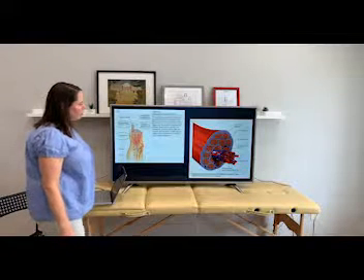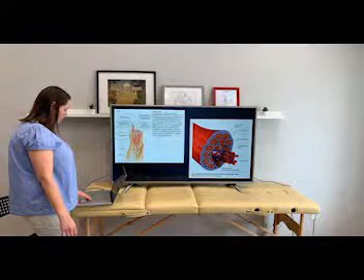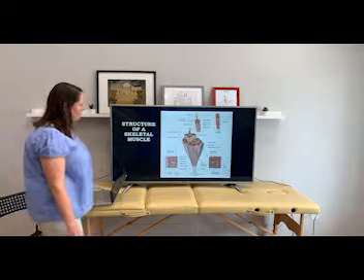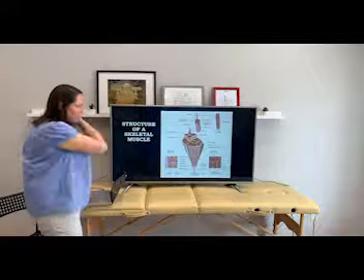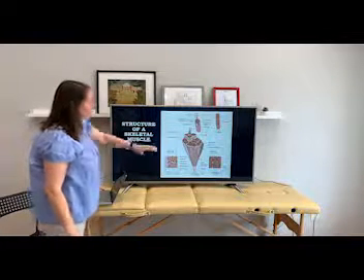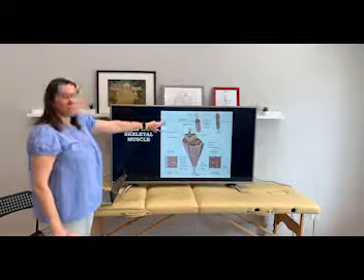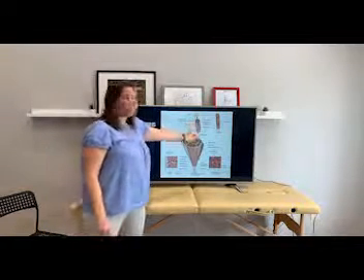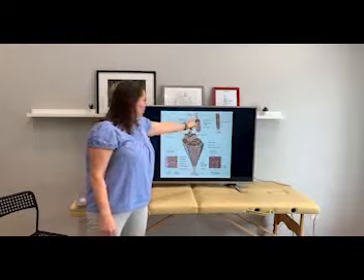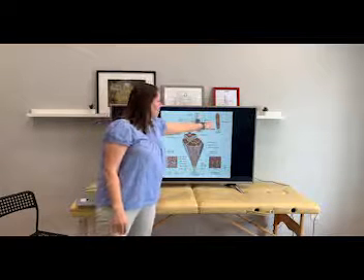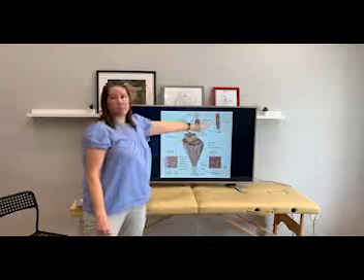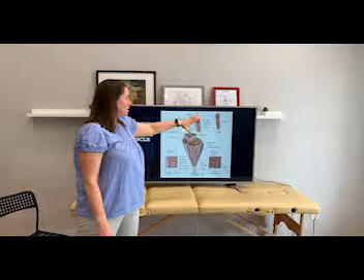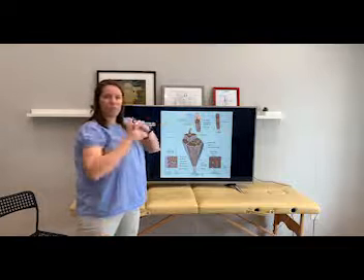Another little view of that there. You can see again the fascia that surrounds each of those, and this is breaking it down even farther. If you take that muscle fiber, now you've got all of these myofibrils inside of it, and if you look at that close up, you're going to see these different bands, and you've learned about those in physiology, your Z discs and all of those different parts of the muscle.